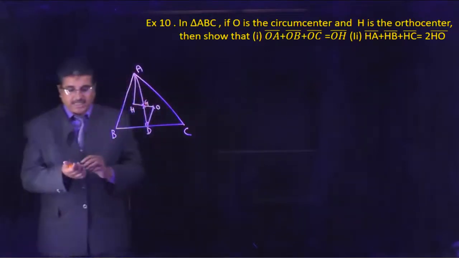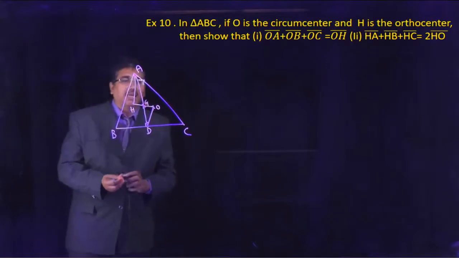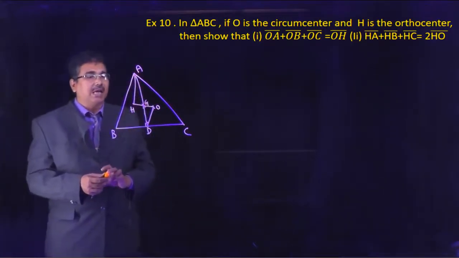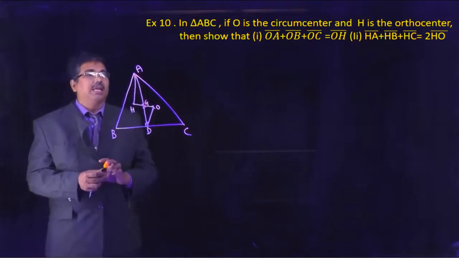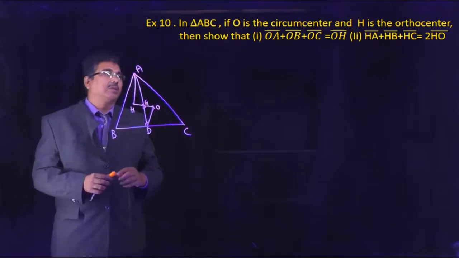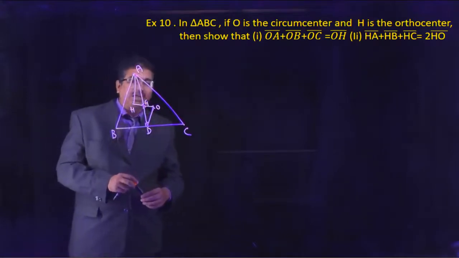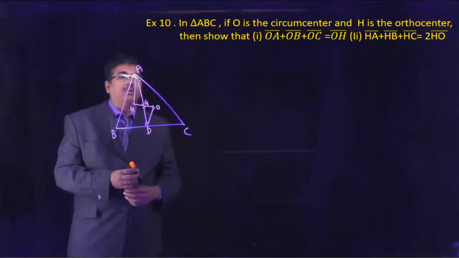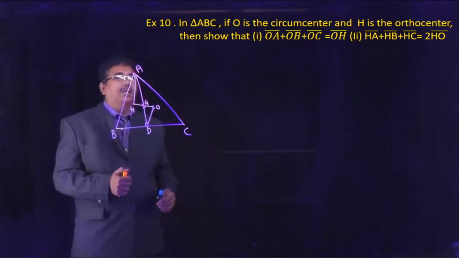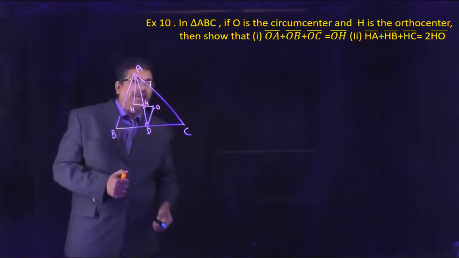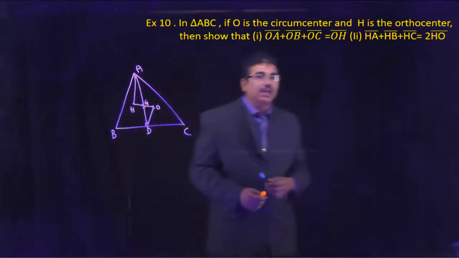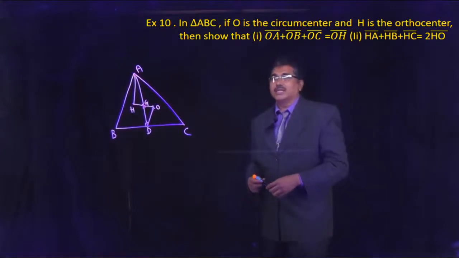This is a triangle ABC. O is the circumcenter, H is the orthocenter. In any triangle, the orthocenter, centroid and circumcenter are collinear. OD is the perpendicular bisector, AD is the median of triangle ABC, and AH is the altitude of triangle ABC.